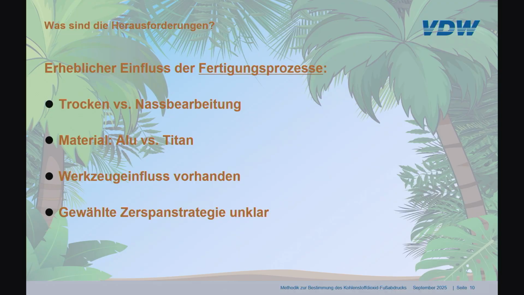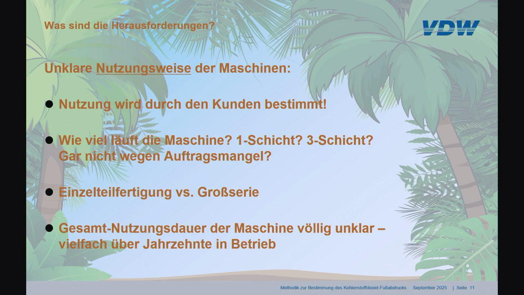Moreover, there's dry metalworking, wet metalworking, different materials are used. Alloy is soft, titanium is hard. What if your tool is dull or sharp? Does that have an impact? And so on and so forth.